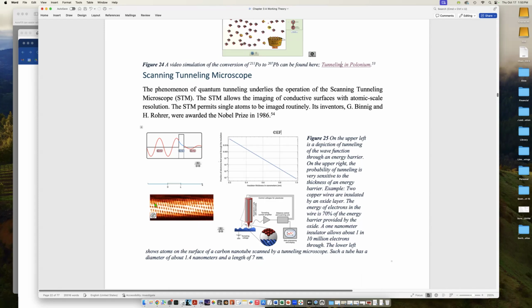That's this distance, and 1.4 nanometers in diameter. And these black or dark dots are individual atoms, carbon atoms that are imaged by the scanning tunneling microscope, relying on this tunneling feature that quantum mechanics gives us.